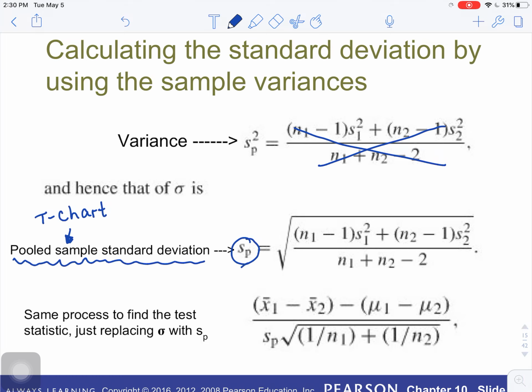Because whatever we get as our pooled sample, we're actually using that in our test equation. Remember, we're not using mu1 minus mu2 because we're assuming that is going to be 0. So if you make one error with the pooled sample, it's going to give you another error for the test statistic. I do take that into consideration when grading your assessments as well.